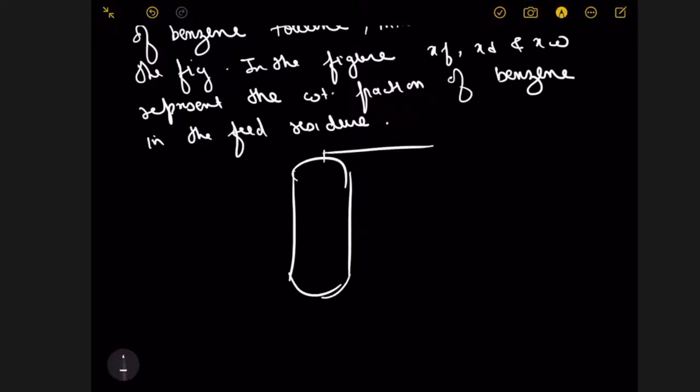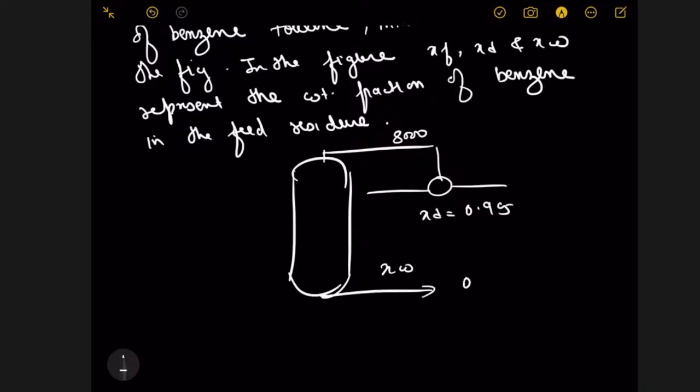Here the diagram is given. It is 8,000. XD equals 0.95. XW equals 0.05. XF equals 0.5. The feed is 10,000. So you have to calculate the reflux ratio. Calculate this.